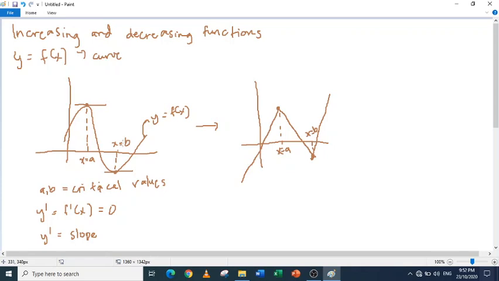Now, say we have the critical values a and b. So these critical values a and b divide the curve into 3 intervals. Okay, so we have the following intervals: negative infinity up to a.